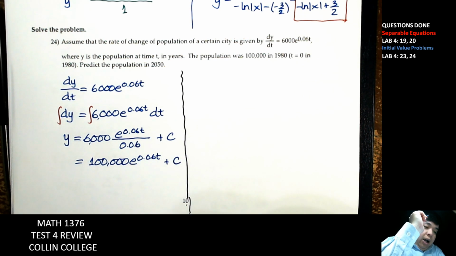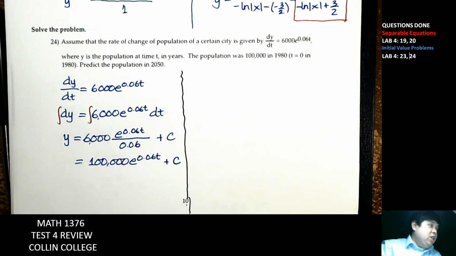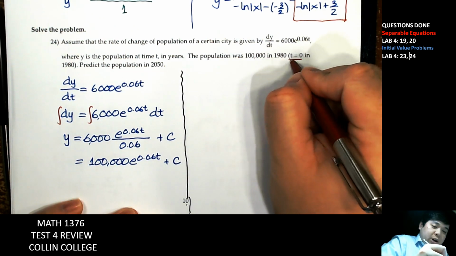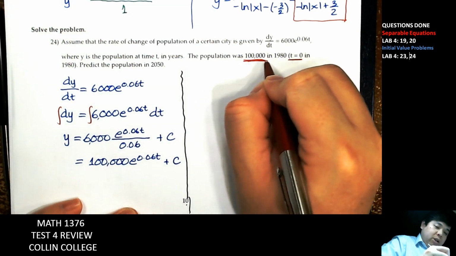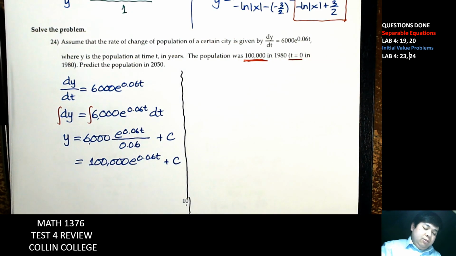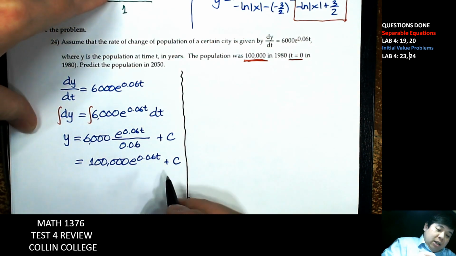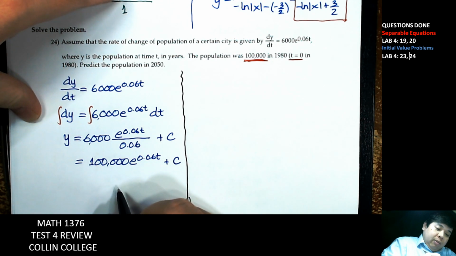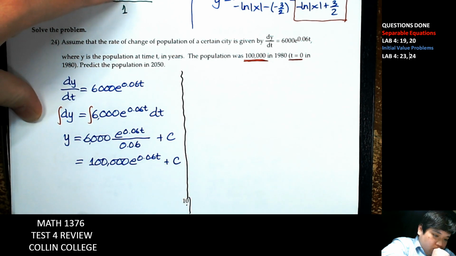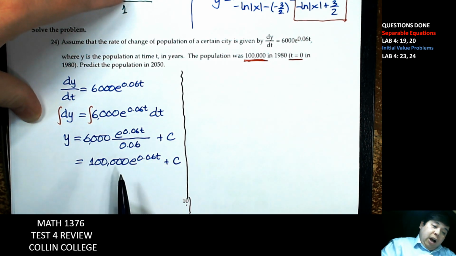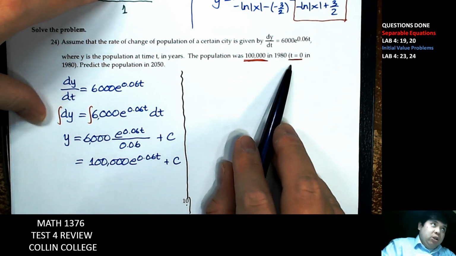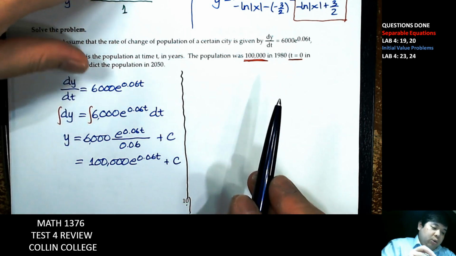Next, we have the initial condition where t equals 0, the population is 100,000. Next, we're going to use that information.